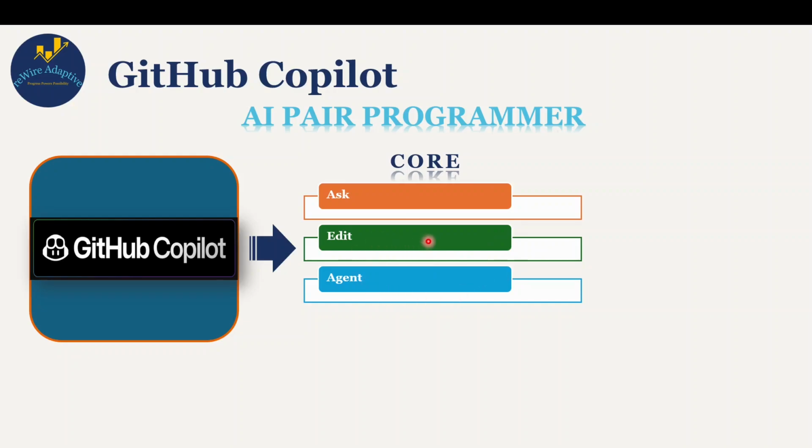Coming to edit mode, it is a very cool feature from the GitHub Copilot side. You can edit multiple files at a time using this feature. The third one is agent, which is the highlight of this GitHub Copilot release. Agent is nothing but performing a certain task autonomously.